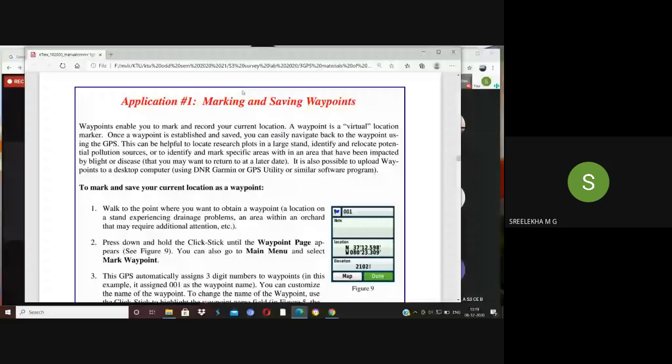Okay, and further we can see here. Can you see this? Some location has been identified here. This means that the waypoint 001 has a latitude of north 37 degrees 12 minutes and west 80 degrees 23 minutes, like that. And this point also has some elevation. So the location and elevation details of that particular waypoint have been highlighted in this figure 9.